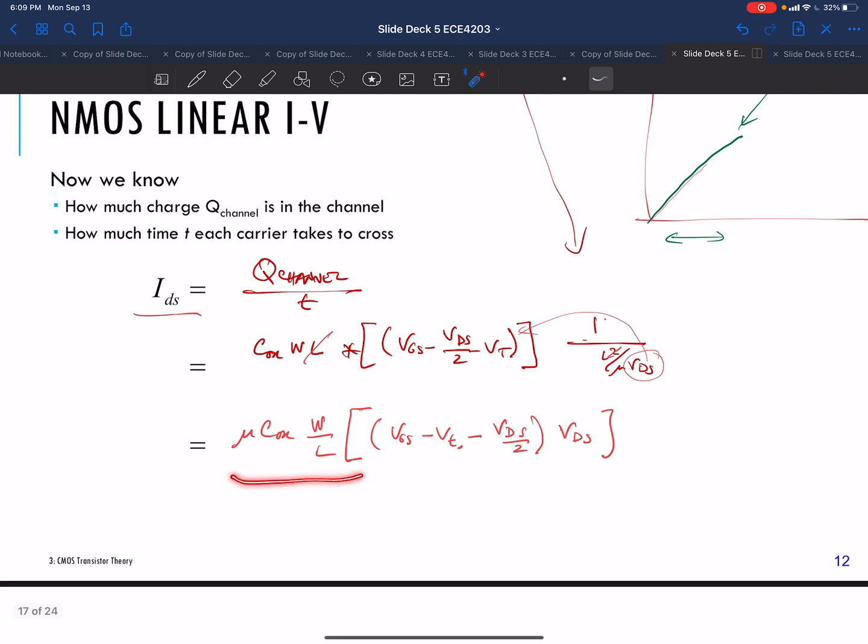For a given transistor, the current depends on the width over length ratio times what ends up being a constant for each process, mu Cox.